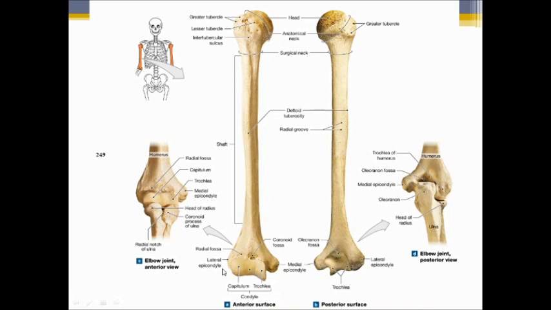And on the other side is the capitulum. You'll know what the lateral and medial epicondyles are depending on where the head is pointing. So the head is pointing toward your shoulder joint, which would be medial. So the medial epicondyle comes out on the side where the head is pointing. And the lateral epicondyle is opposite.